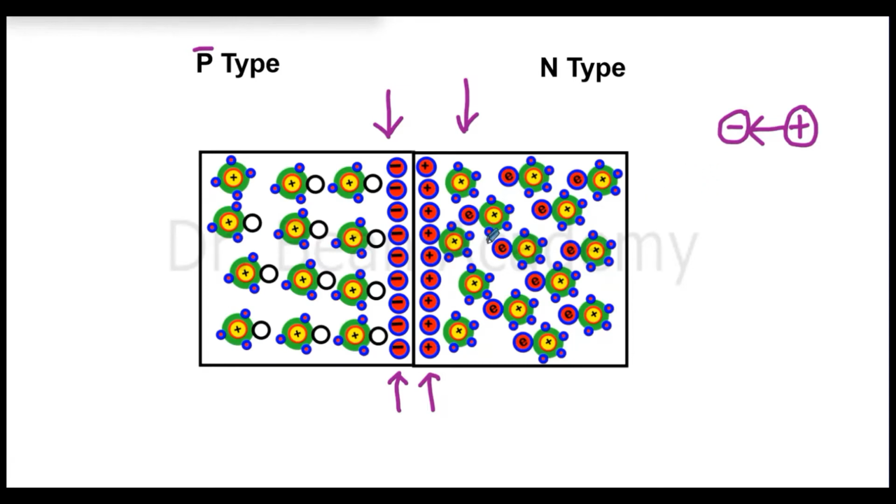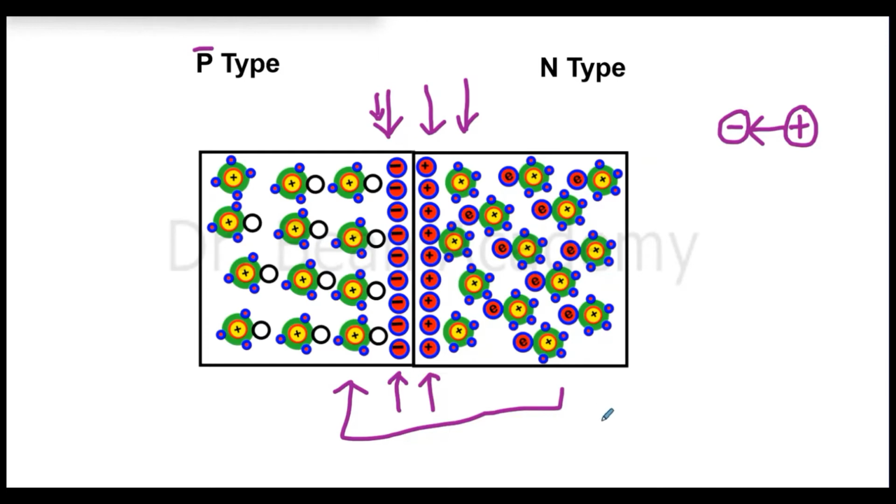So the diffusion of electrons from the n-type to the p-type will start slowing down. And do you know why? Because now charges are setting up across the boundary. Positive charges are setting up on the n-type and negative charges are setting up on the p-type. Then an electric field will be formed between them.